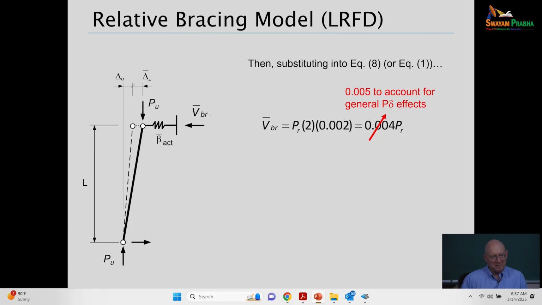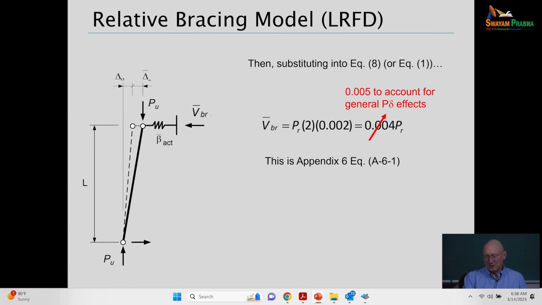Now the commentary says 0.005. The reason for that is, in general, when we're looking at panel bracing and we get any lateral bending of the columns, we end up with some P small delta effects, and those effects can generally tend to increase the bracing force a little bit. So 0.005 is a good number for accommodating that more general case.